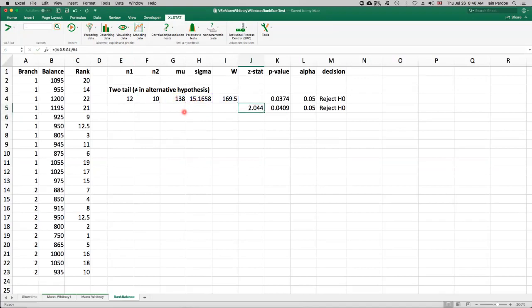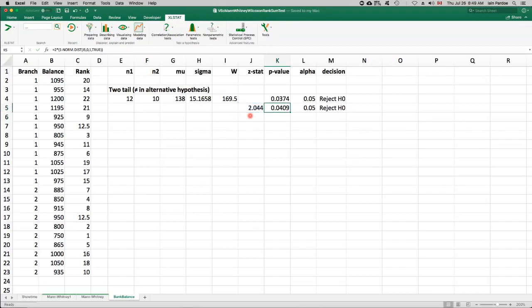That gives us 2.044. And then the p-value using a normal distribution based on two tails. So it'll be the tail area to the right of 2.044 plus the tail area to the left of minus 2.044, which is the same as just multiplying the tail area to the right of 2.044 by 2.